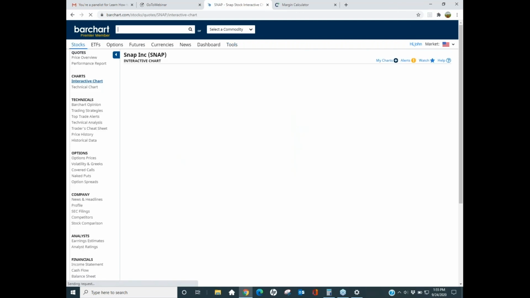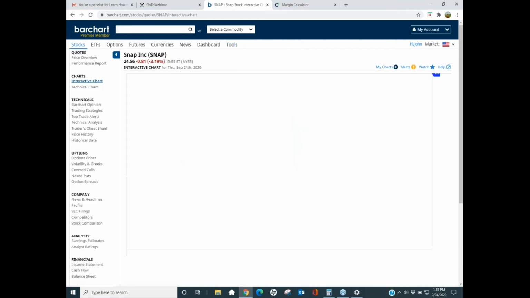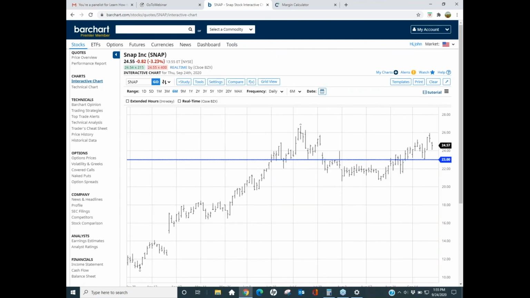All right. Very popular stock right now, internet stock, right? Where do I feel comfortable in this one, right? A nice swing low here, just below $22. Another swing low here at $23, right?